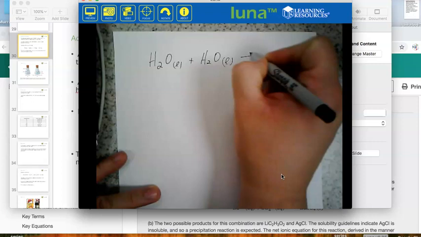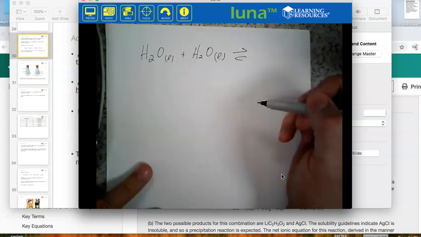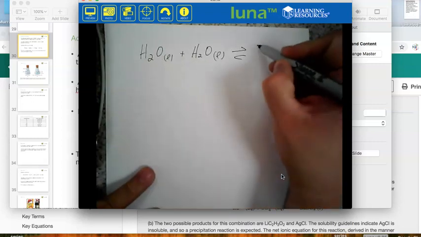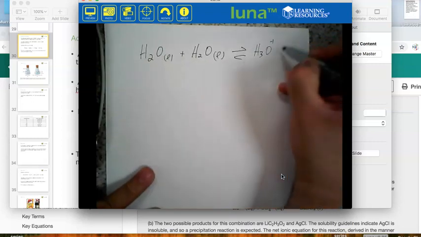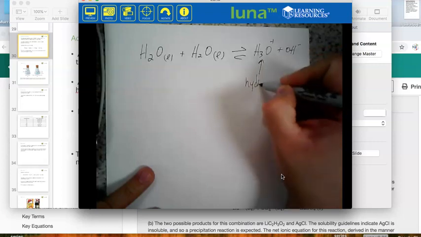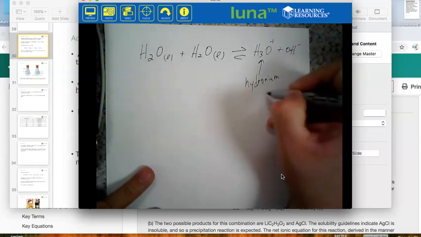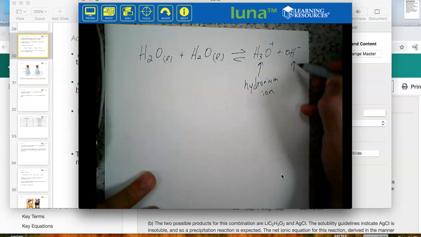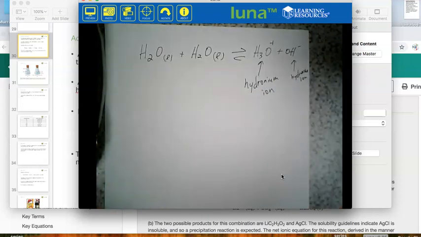We don't have a single arrow; it's an equilibrium process. What's going to happen is you're going to end up with what's called a hydronium ion, H3O plus, and a hydroxide ion.